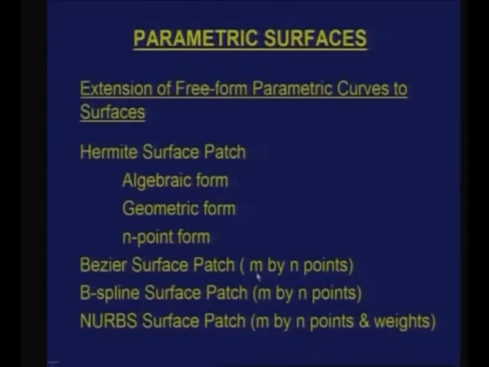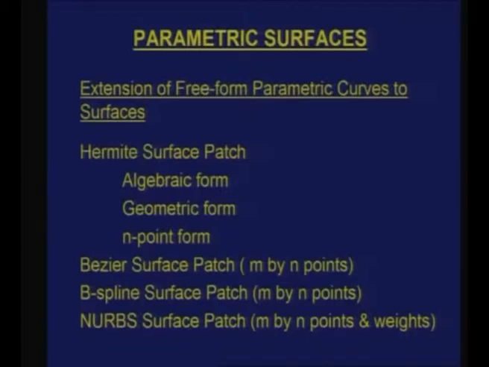If you recall, a Bezier curve is defined by n plus 1 control points, or you can say, given fixed control points. Now, since it is biparametric, you have to give a number of points in both the directions. m need not be equal to n. I can have, for example, 5 control points in one direction and 4 control points in another direction.